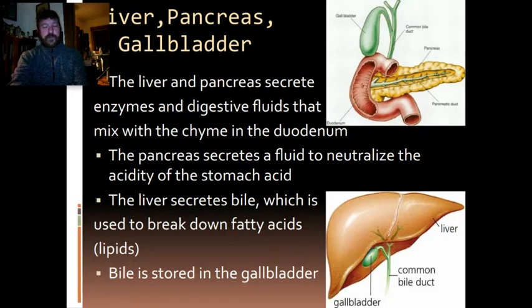It's also really important to the endocrine system, but it produces a fluid that neutralizes the acidity of the stomach acid, which helps the bile do its job. Bile is produced by the liver and stored in the gallbladder, and it acts as a surfactant that helps break down the fats left in our food.